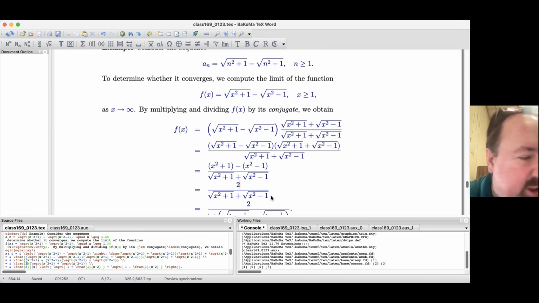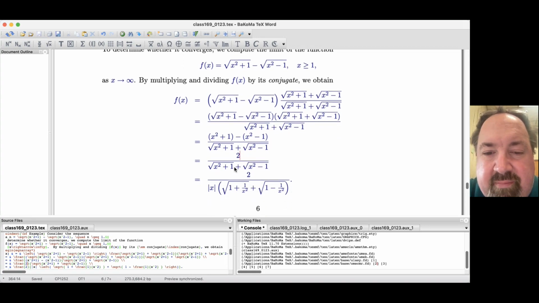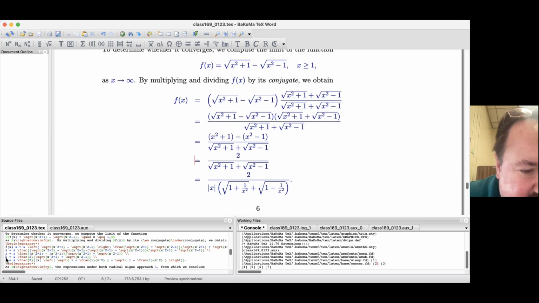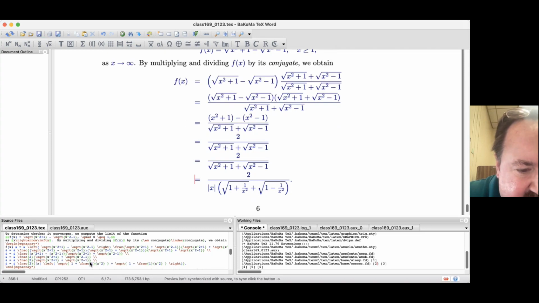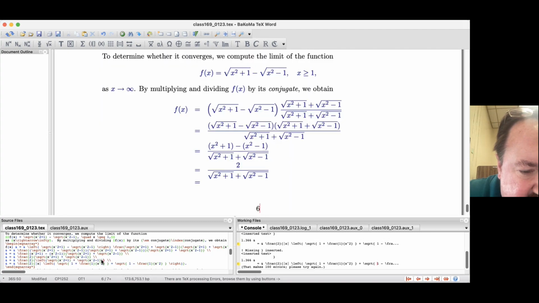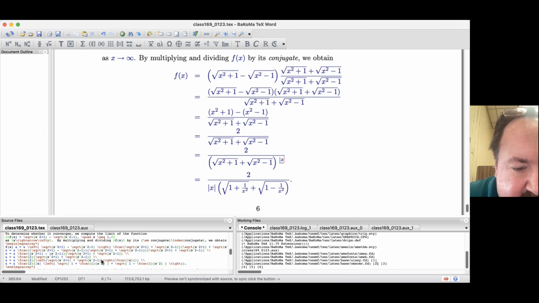What happens with this as x goes to infinity? So one thing you can do is take the denominator, and within the denominator, actually, I'm going to put an intermediate step in here so you can see what's going on. So in the denominator, I'm going to multiply by absolute value of x over itself.